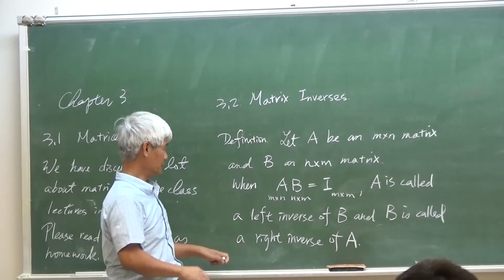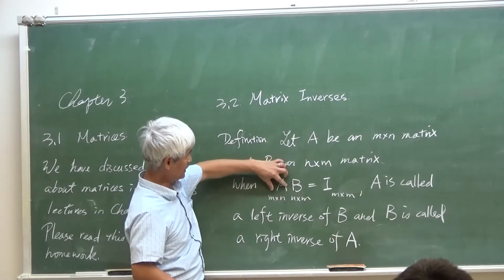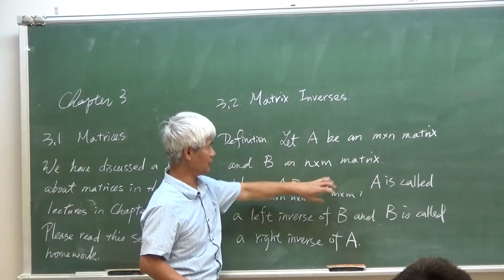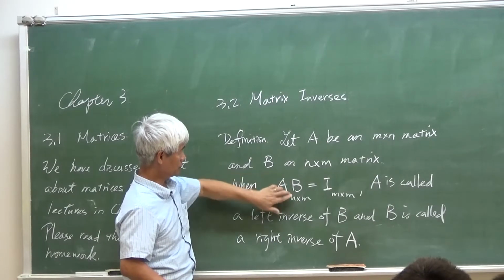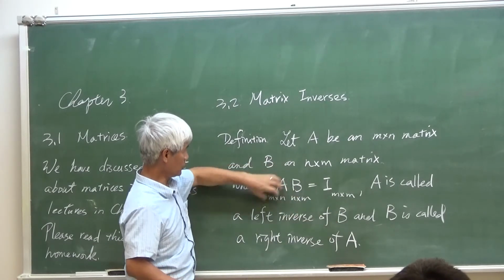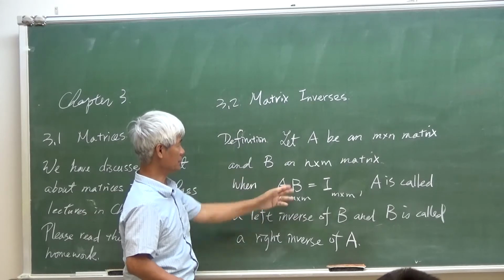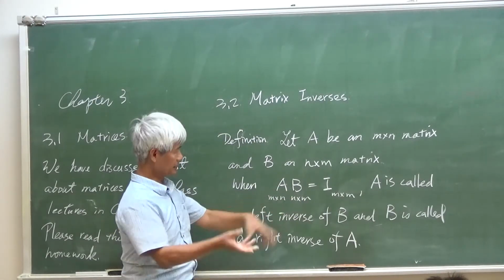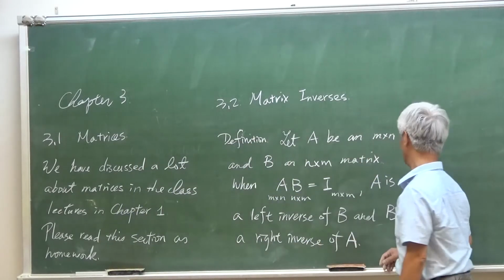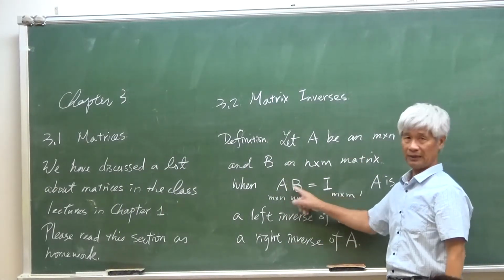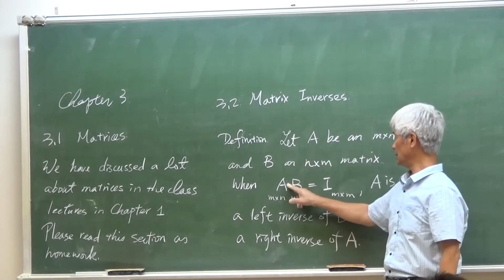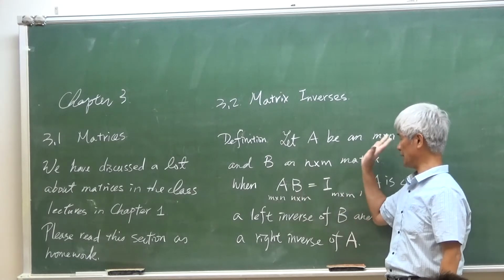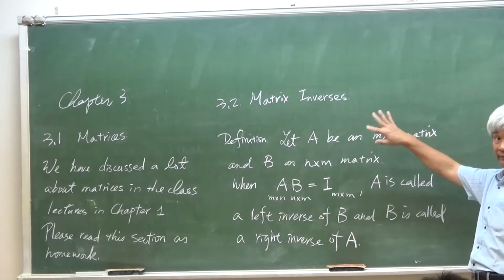So if I have this equation, A matrix times B matrix equal to the identity matrix, then A is called a left inverse of B because you multiply B from the left side. And on the contrary, B is called the right inverse of A because you multiply A by B from the right hand side. So this is the definition.